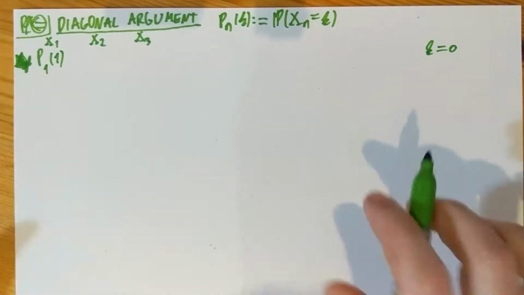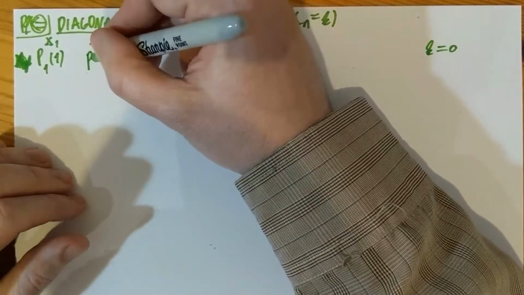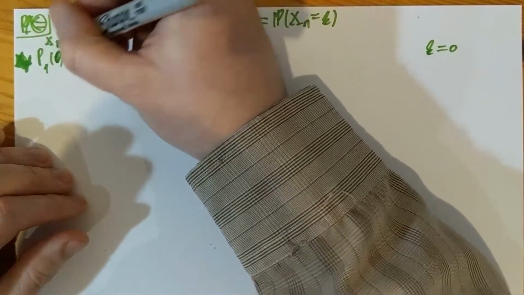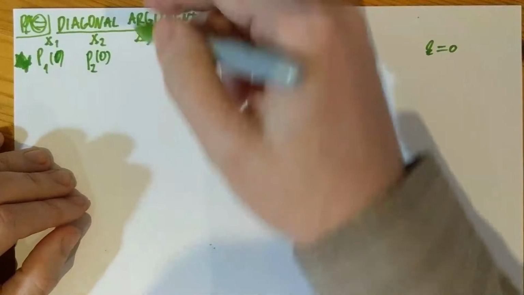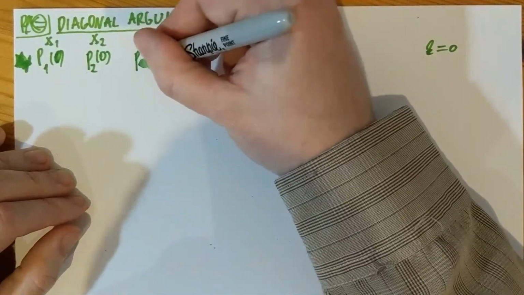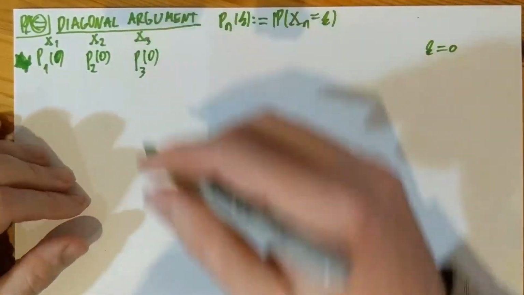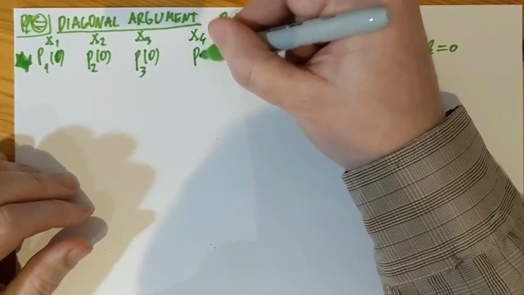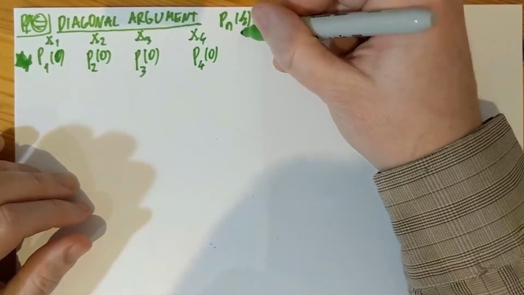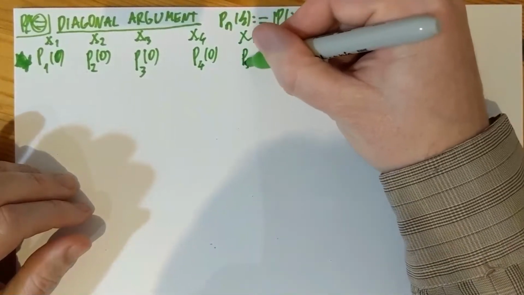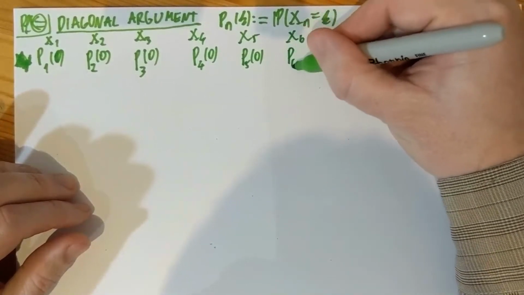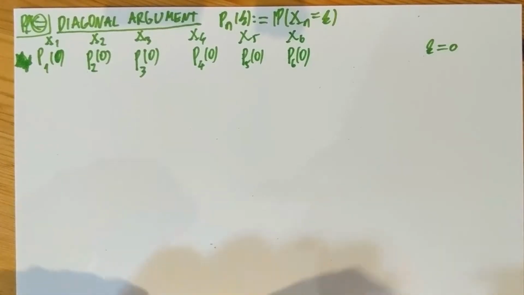I'm just going to draw a big table of these values. P2, so this is for X2 at k equals 0. K equals 0, n equals 2. K equals 0, n equals 3. So the mass function of X3 at 0, the mass function of X4 at 0, the mass function of X5 at 0, and so on. Let me do one more. Okay, so these are the mass function values, and they keep going at k equals 0.